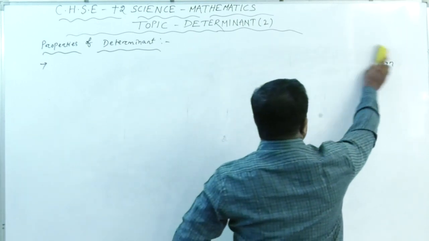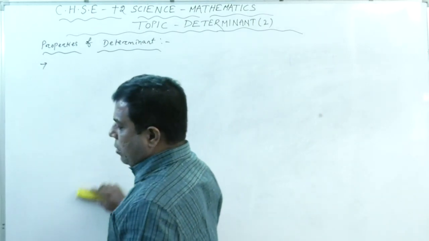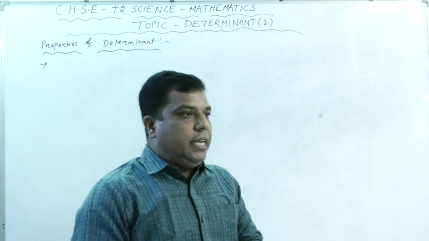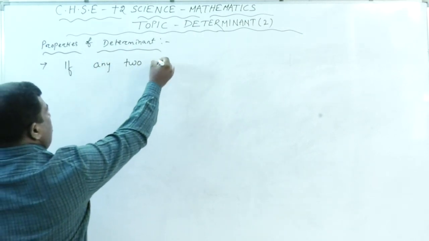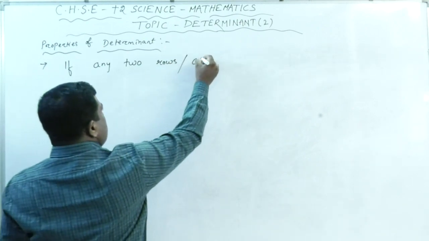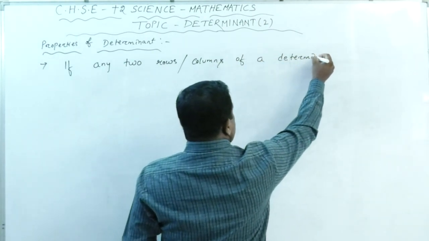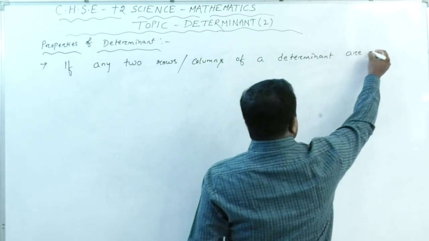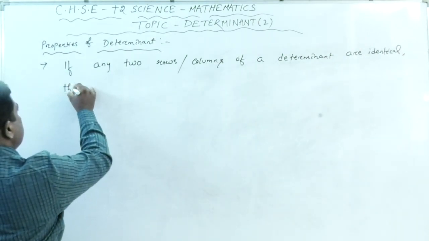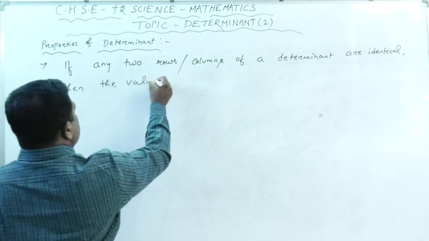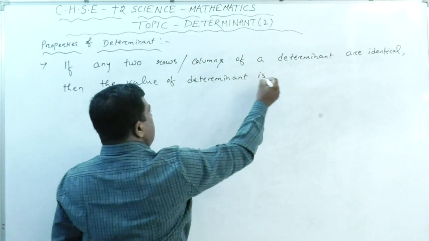What does the third property say? The third property of the determinant says, if any two rows or columns of a determinant are identical, then the value of the determinant is 0.